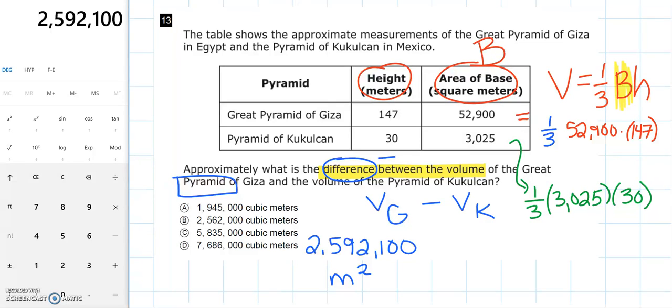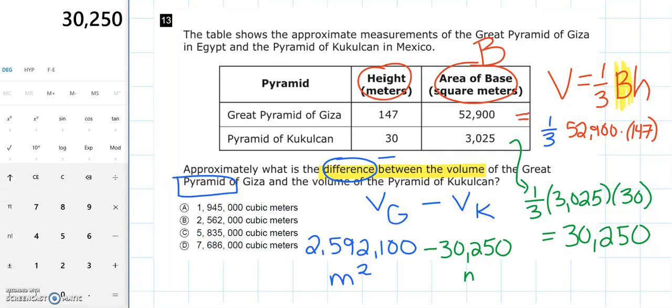Okay, so in the calculator, 3,025 times 30. Okay, divide that by 3. All right, so my volume here is 30,250. All right, so I'm going to subtract 30,250 meters squared from the volume of Giza.